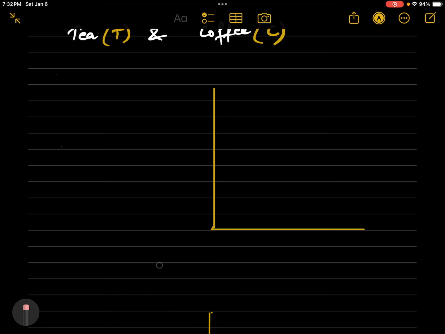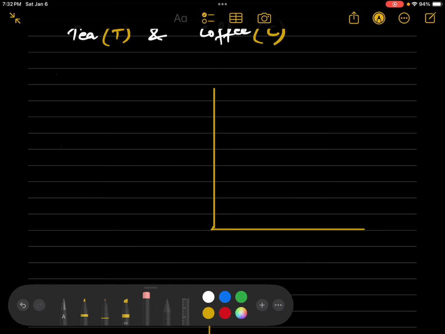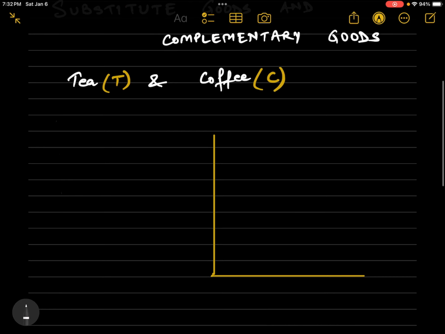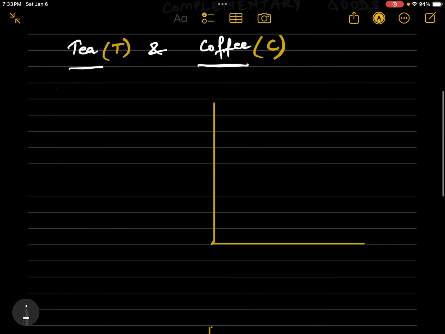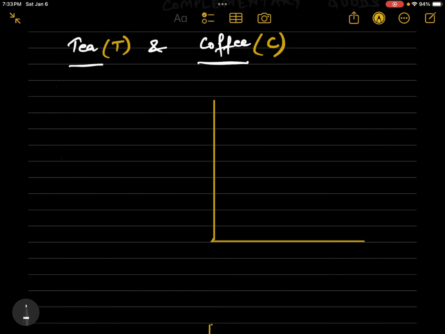So let's first take an example for a substitute good. Now, what are substitute goods? Substitute goods are the goods which can be used in place of one another for satisfaction of a particular want. Like let's take tea and coffee. Now, I'll try to establish a relationship between demand for tea when the price of coffee goes up.